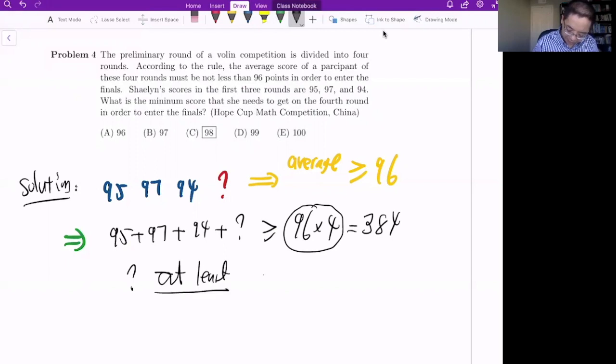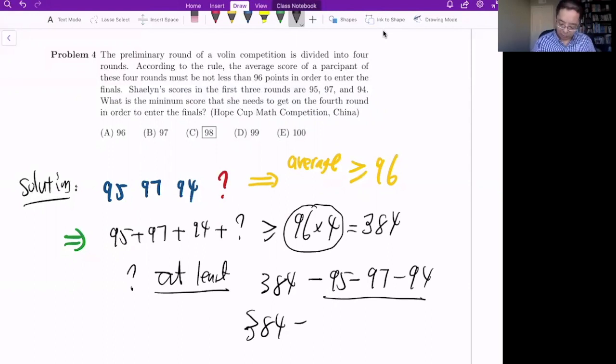384 minus 95 minus 97 minus 94. We can calculate: 95 plus 97 plus 94 is 286.